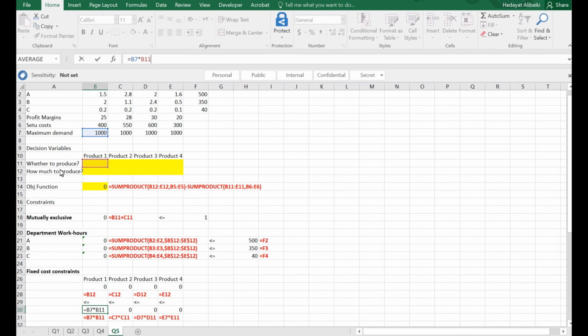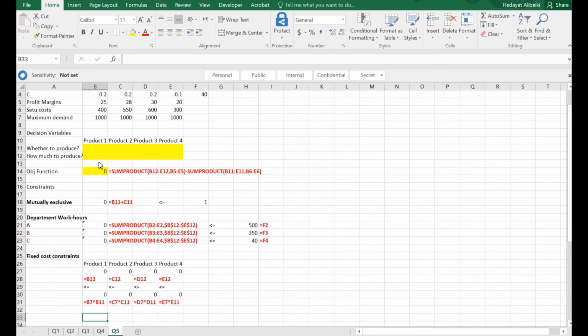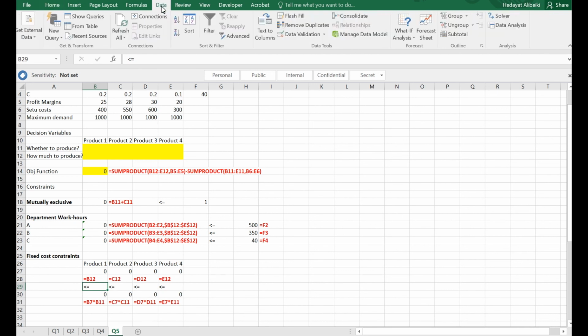So 1,000 times y1. So now we have everything ready. We just need to go to Solver and solve this problem.